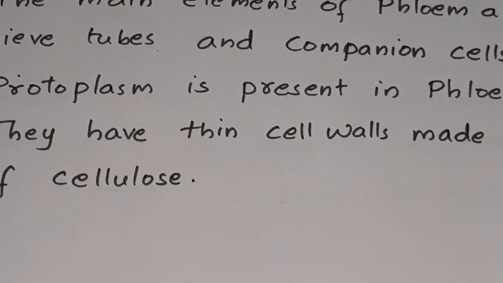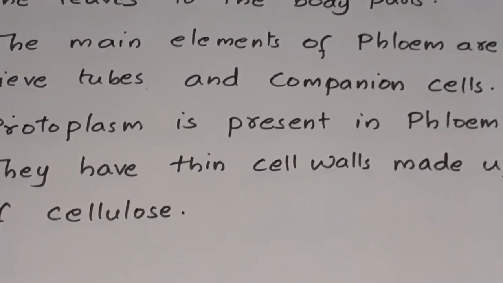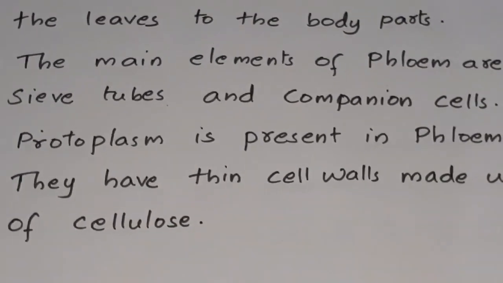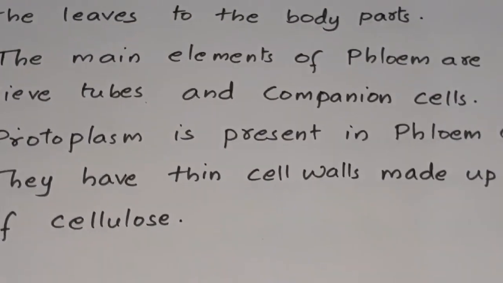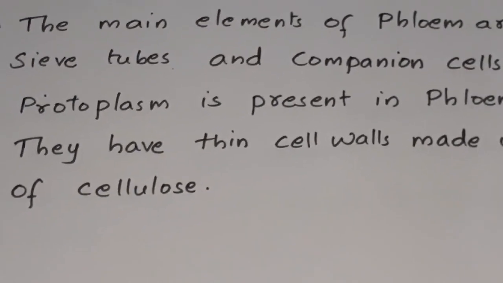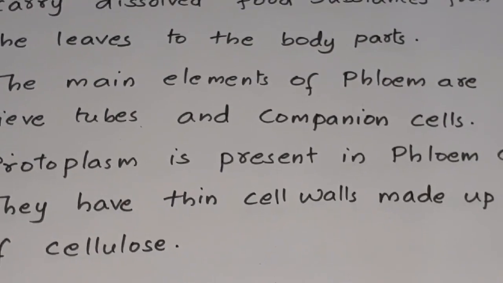The first difference is that xylem transports water and dissolved minerals from roots to leaves, but phloem transports dissolved food substances from leaves to different body parts. The main elements of xylem are tracheids and vessels, but in phloem they are sieve tubes and companion cells.